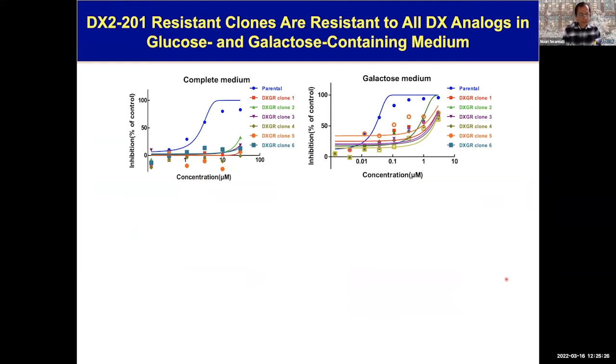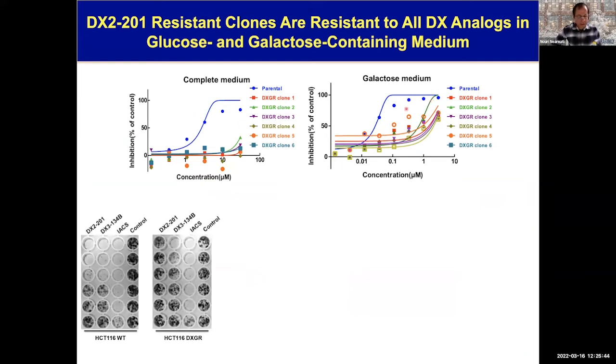And to understand the mechanism and also to identify the target, we generated 6 different resistant clones, and you can see these cell lines. Now the new resistant cell lines are highly resistant to the drug in the presence of glucose as well as galactose media. What is really interesting to us is that the IACS compound, the MD Anderson drug, is equally potent in resistant cells as well as sensitive cells.